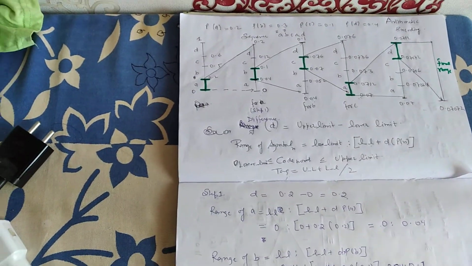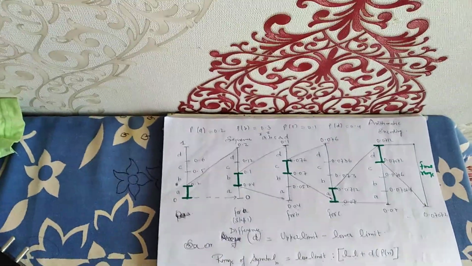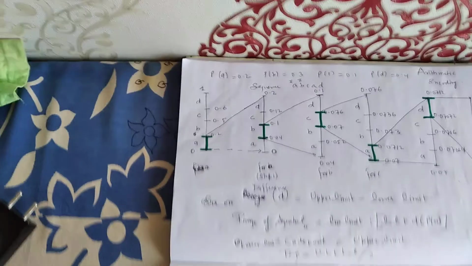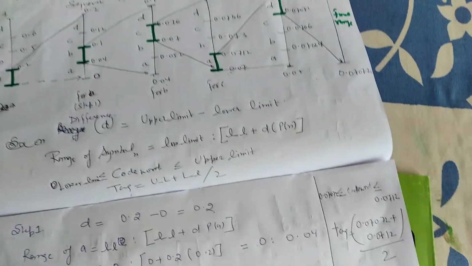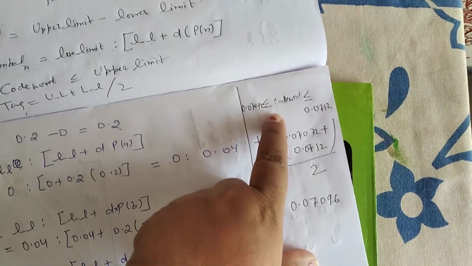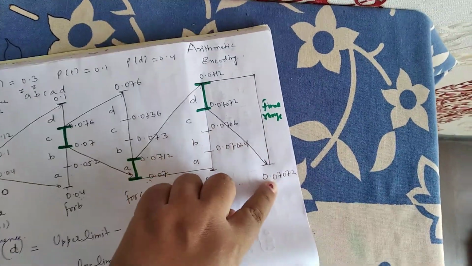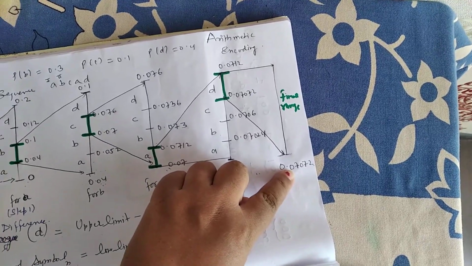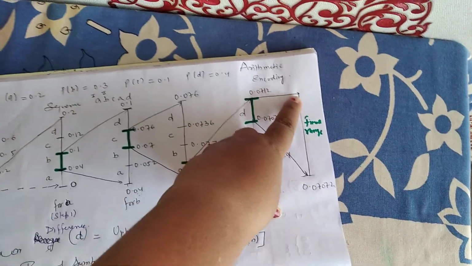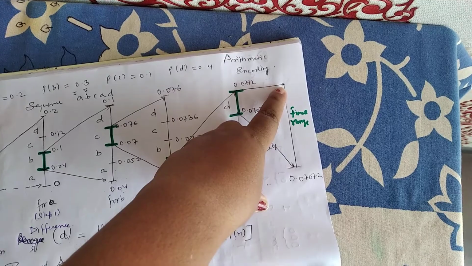So in order to find our code word, we know the code word will lie within this range. This will be the range of the code word. Lower limit is 0.07072 and the upper limit is 0.0712.